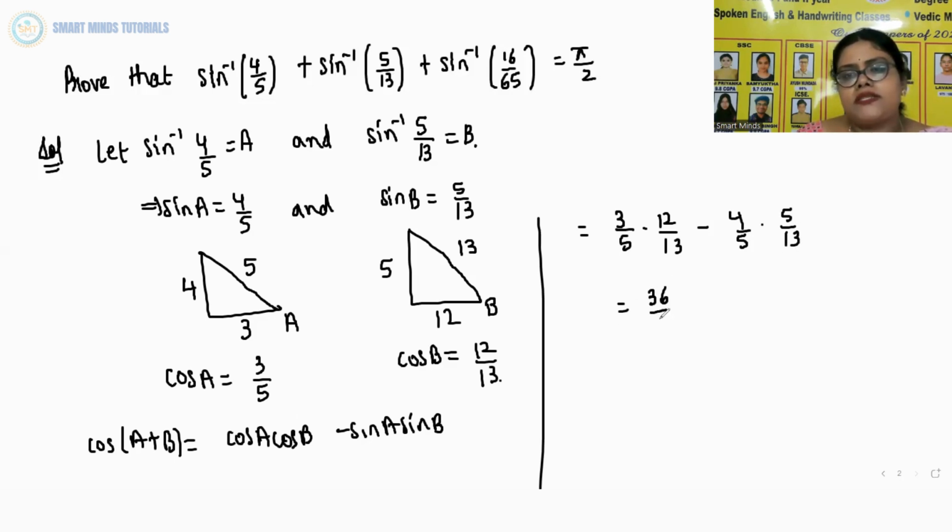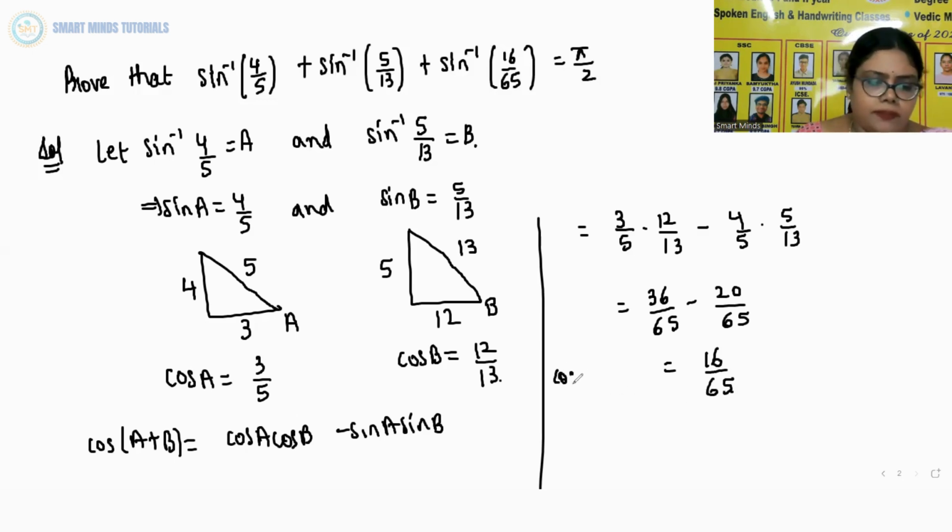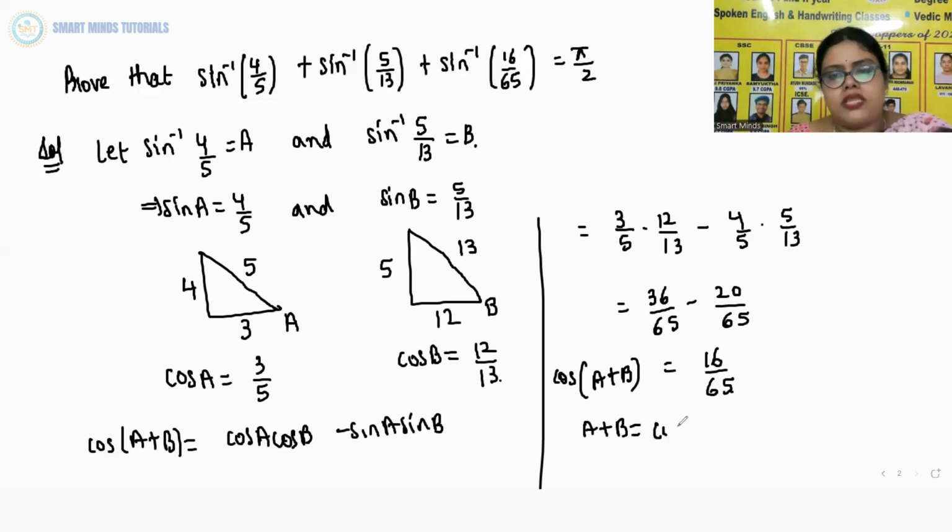So this is 36 by 65 minus 20 by 65. That is equal to 16 by 65. This is cos (A plus B). So A plus B is equal to cos inverse of 16 by 65.